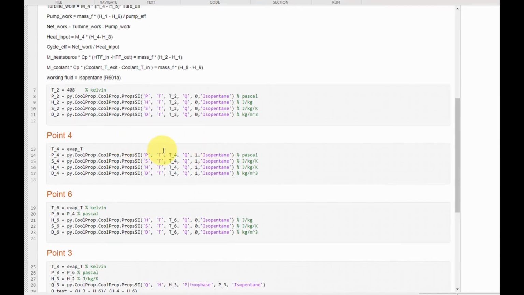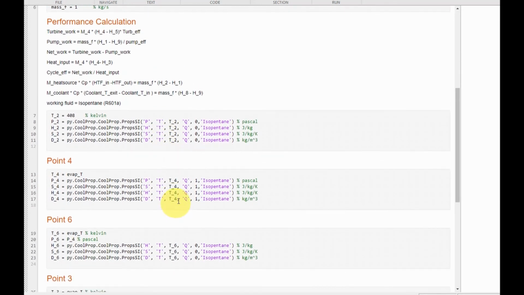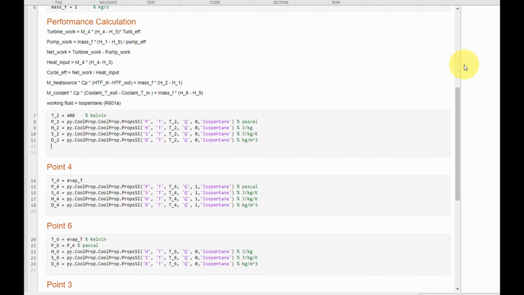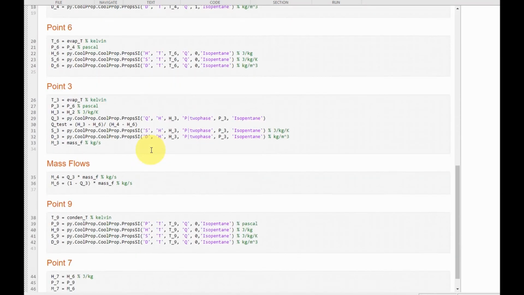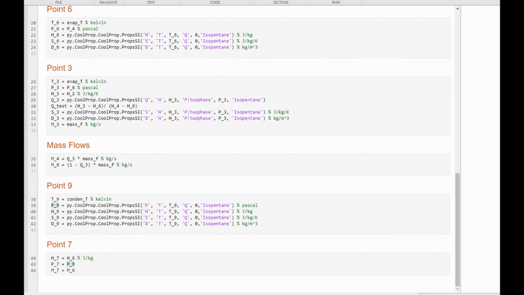At point 4, we already know it. And at point 2, we know that M_2 is equal to the mass flow, which is in kilogram per second. Here we need to specify the units in Kelvin. Looks good. We need to specify the units in Pascal. We need to specify the unit in kilogram per second.